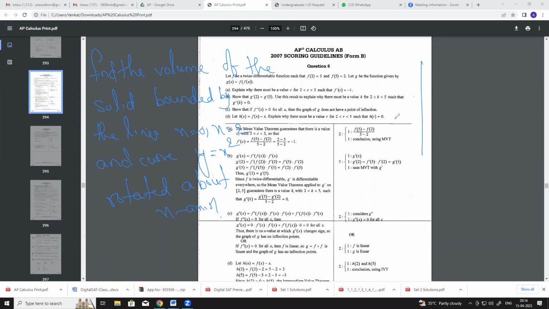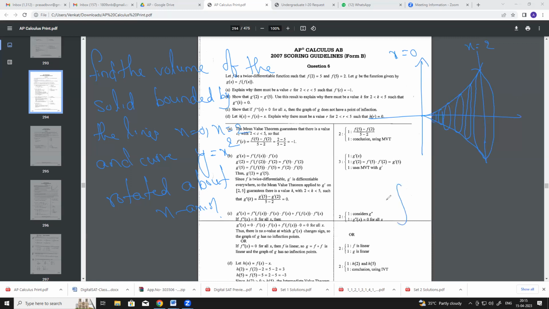This is x is equal to 0. This is x is equal to 2. This is the graph of y is equal to x square. This is rotated about the x-axis, which means you get a volume like this. Sorry, these are our discs, like circles.